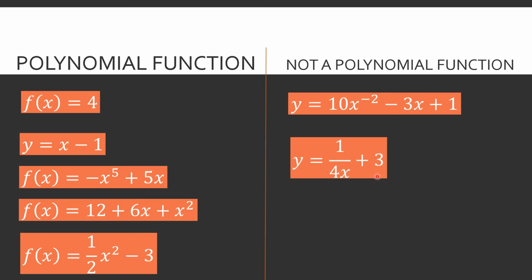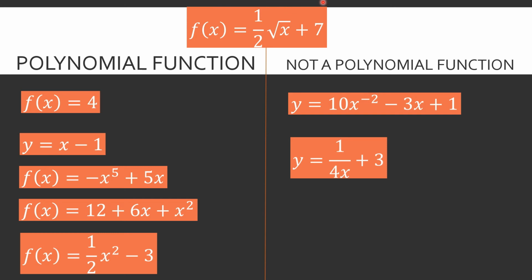In this portion here, we have a fraction and x is located on the denominator, so it's not a polynomial function. But if x is not located on the denominator and we have a fraction coefficient, then it's still a polynomial function. Next, f of x is equal to 1/2 square root of x plus 7.